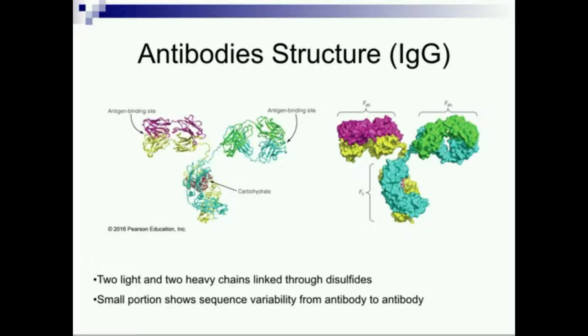All right? And this is something we already went over in the paintbrush picture, but this right here is a space fill model. This is a ribbon diagram on the left, but you can see in the space fill that these are the antigen binding regions, and this is the Fc region of the antibody. Okay.